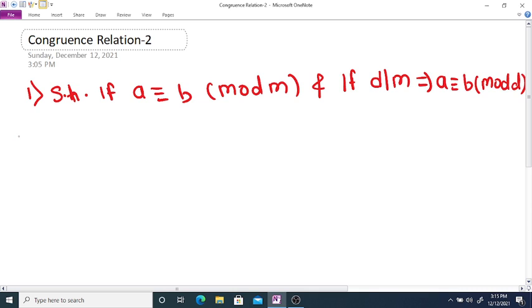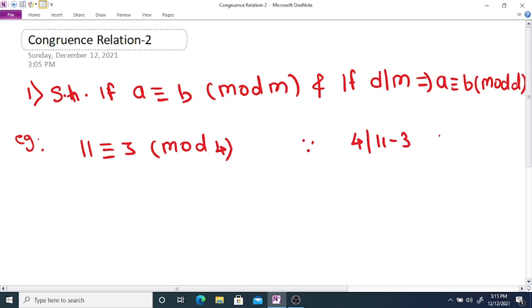For example, we know that 11 is congruent to 3 modulo 4, since 4 divides 11 minus 3, that is, 4 divides 8.